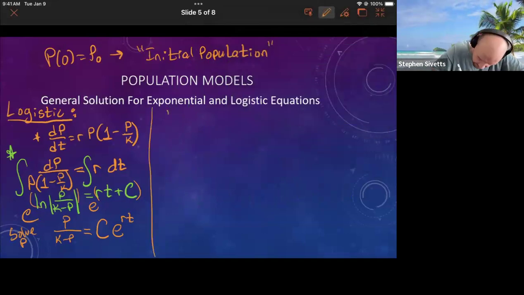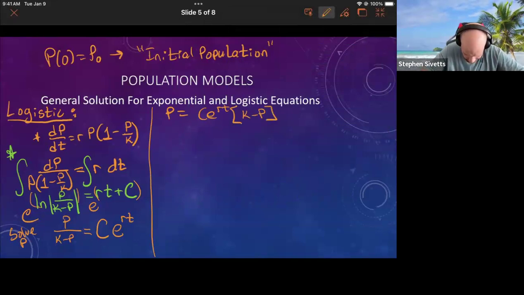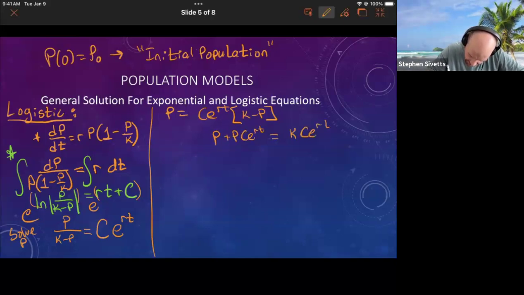So we'll have that P is equal to C times e to the RT times K minus P. And then we'll have P plus P times C times e to the RT equals K times C e to the RT.